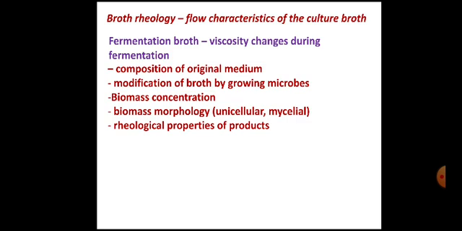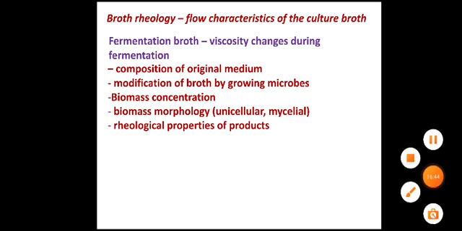Then the broth rheology is affected by biomass concentration. So biomass may be of different types, like biomass morphology and biomass concentration. Biomass morphology means whether the organisms are unicellular or mycelial organisms. Depending on that, the broth characteristics will fluctuate.